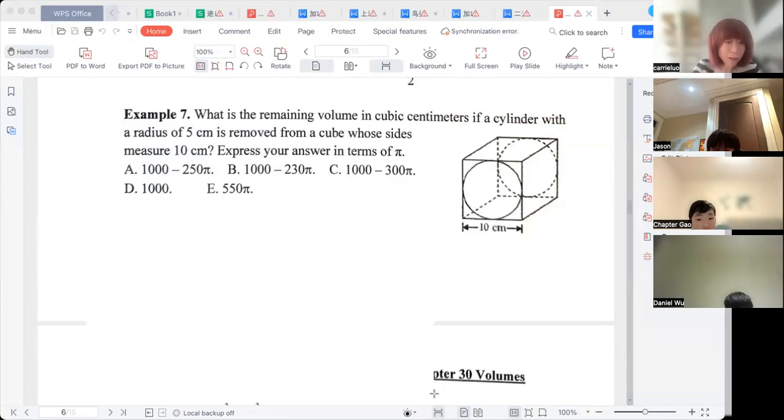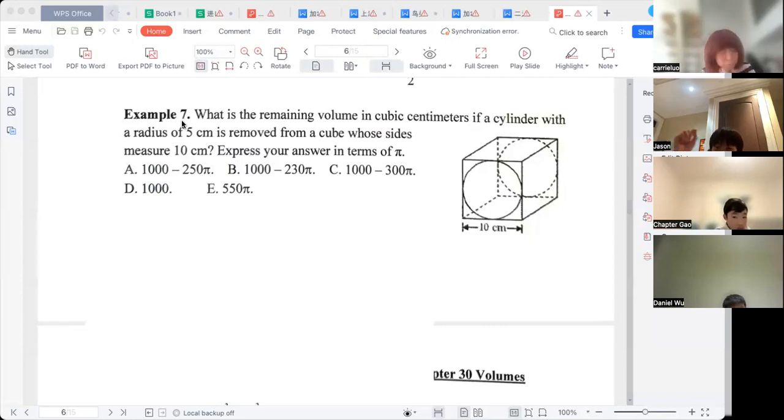OK，它答案不一定对的呀，你们看到。老师，我觉得是 A. I'm not even joking. Because if we do 1,000 minus 250 pi, that's literally what it gives us. Because 5 times 5 is 25 times 10 is 250, and then there's pi.